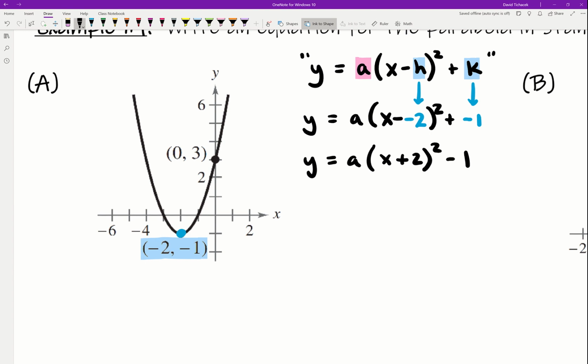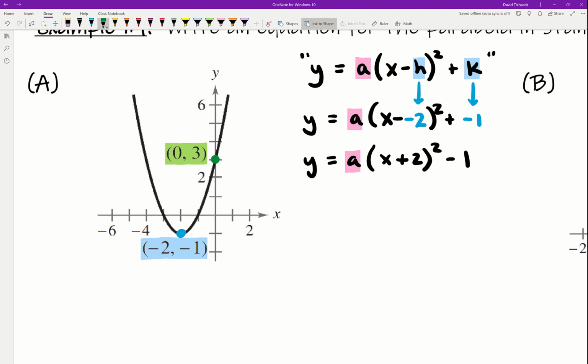Now at this point we still have the unknown a. We still don't know exactly what value that is, but you'll notice if you look back at the picture that I gave you another point with another set of coordinates. That is this point right here, 0, 3, corresponding to this point on the parabola.